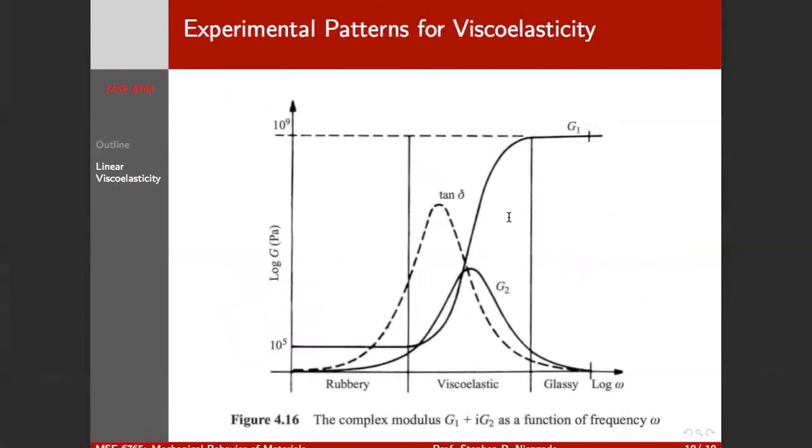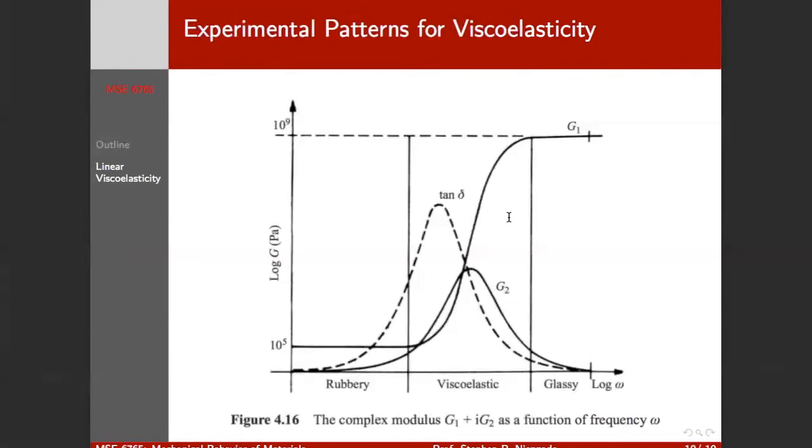We can look at how the complex modulus varies as a function of frequency for most polymers. Obviously, at very high frequencies there isn't time for any viscous flow, so everything is perfectly glassy and our loss modulus is basically 0.